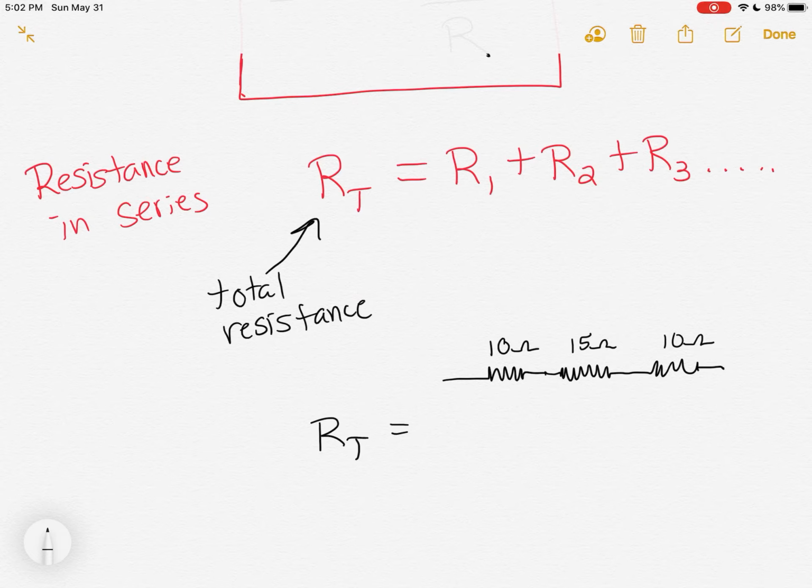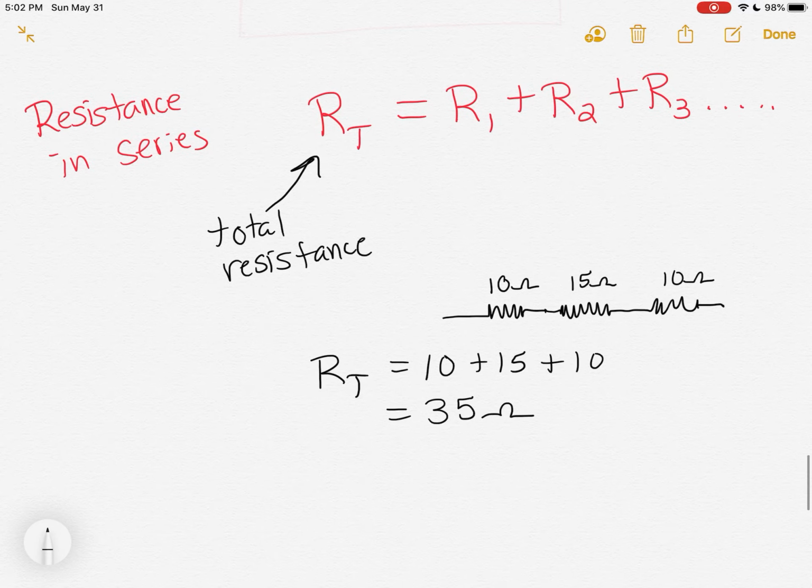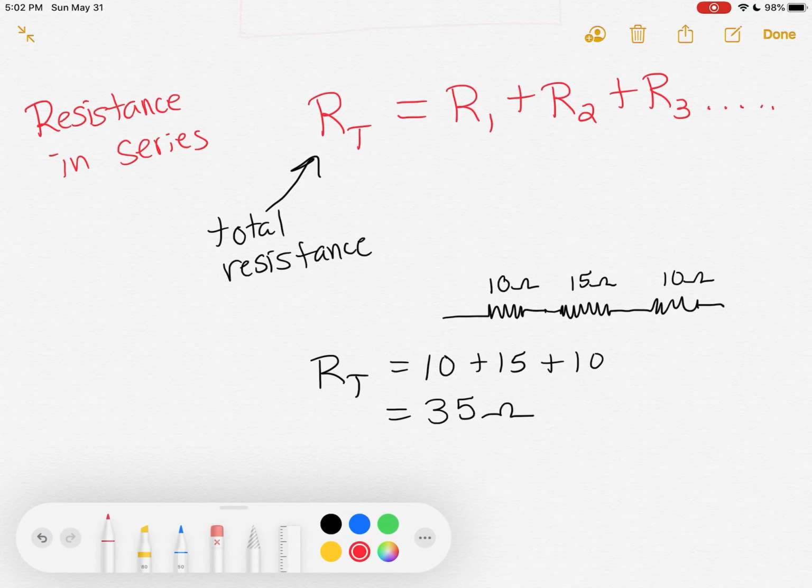Then the total resistance is 10 plus 15 plus 10. Because they're in just that one pathway, you can just add the resistances up, and your total resistance is the resistance for the whole circuit.